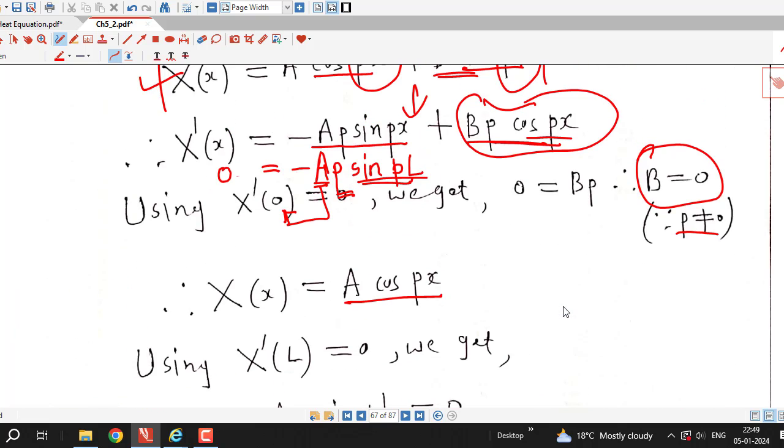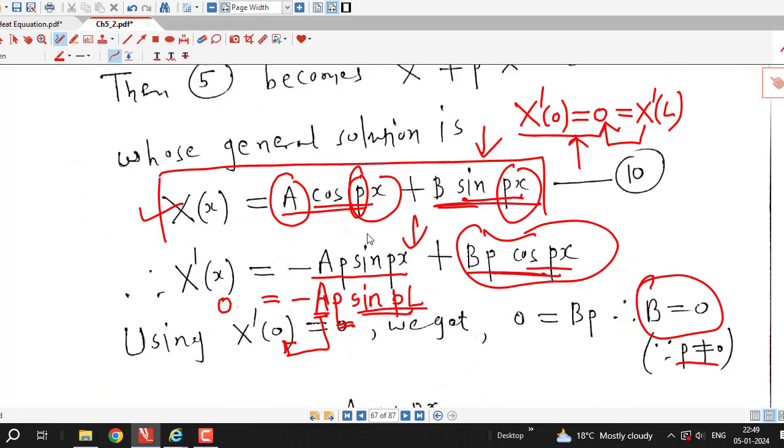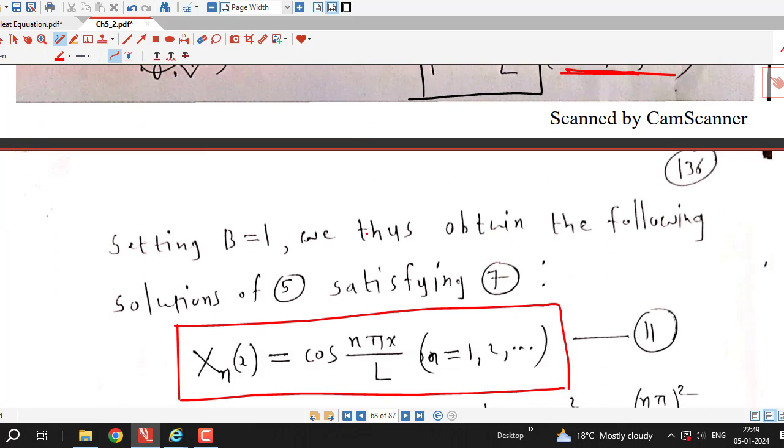And here our solution is x equal to a cos px plus b sin px. B is 0, and therefore we have x equal to a cos px and p is n pi over L. Therefore we write that capital X equal to cos n pi x over L. Actually capital X is a into cos px, and we are considering capital A equal to 1.